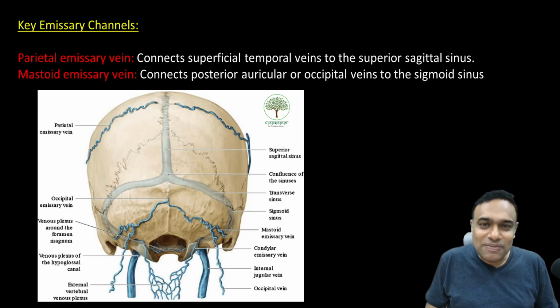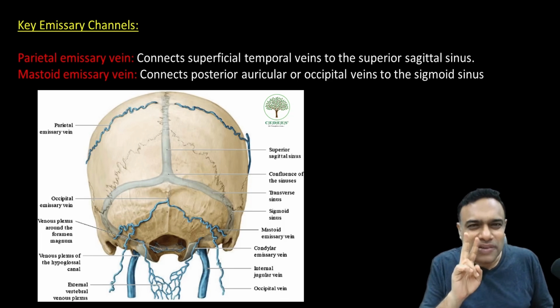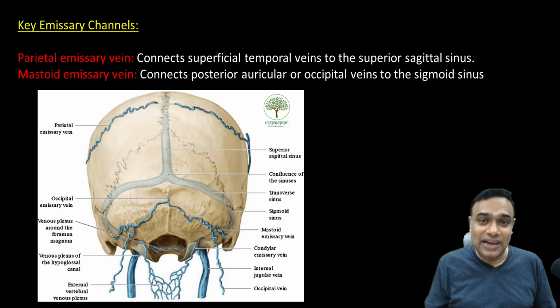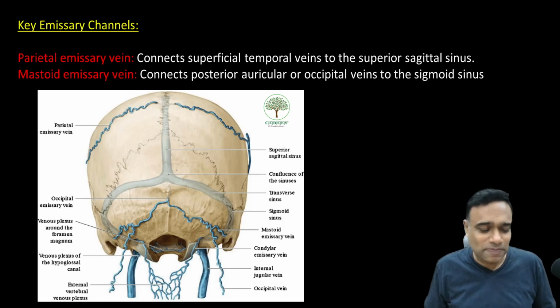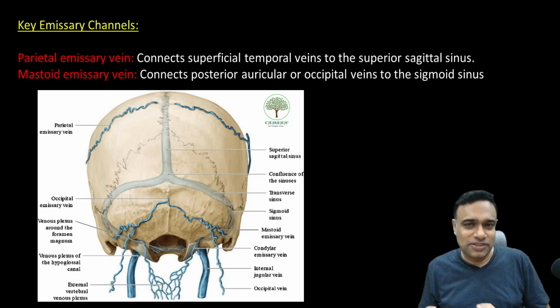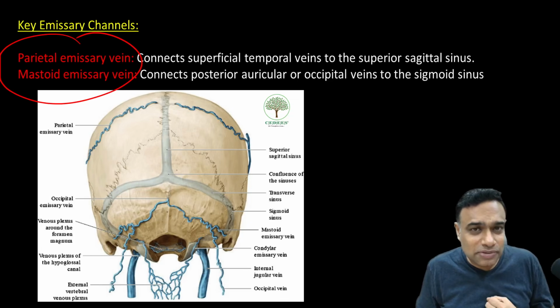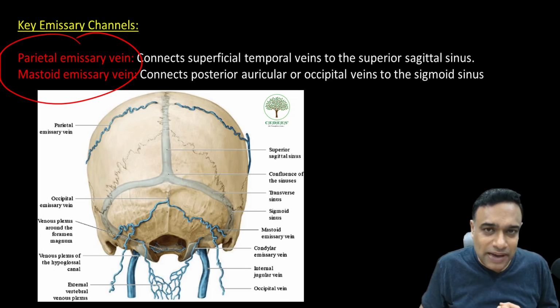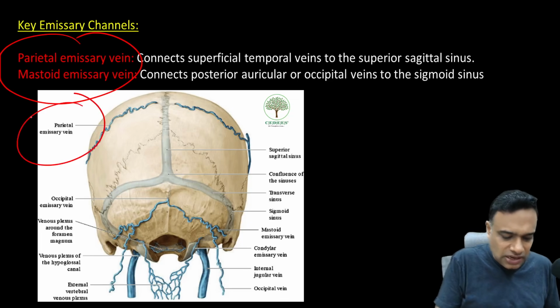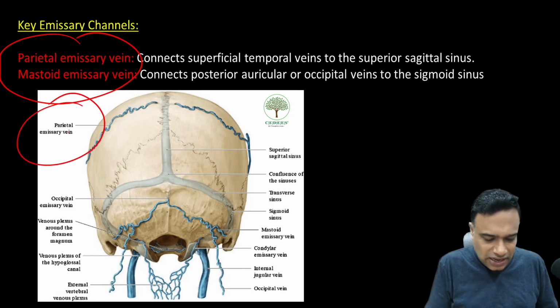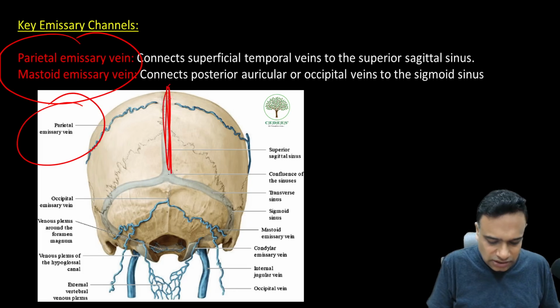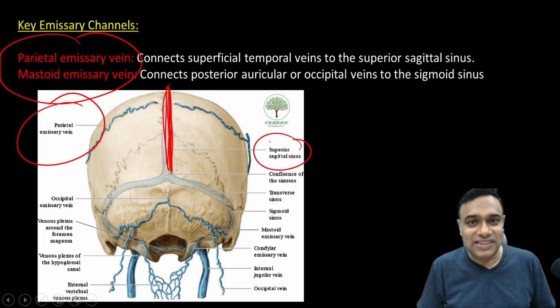When it comes to emissary veins, there are two main ones to remember, as given in your Chaurasia textbook. Also, of course, in Vishram Singh and other books. One is the parietal emissary vein and the other one is the mastoid emissary vein. As can be seen here, this is the parietal emissary vein, and look at the structure here. This is nothing but your superior sagittal sinus.